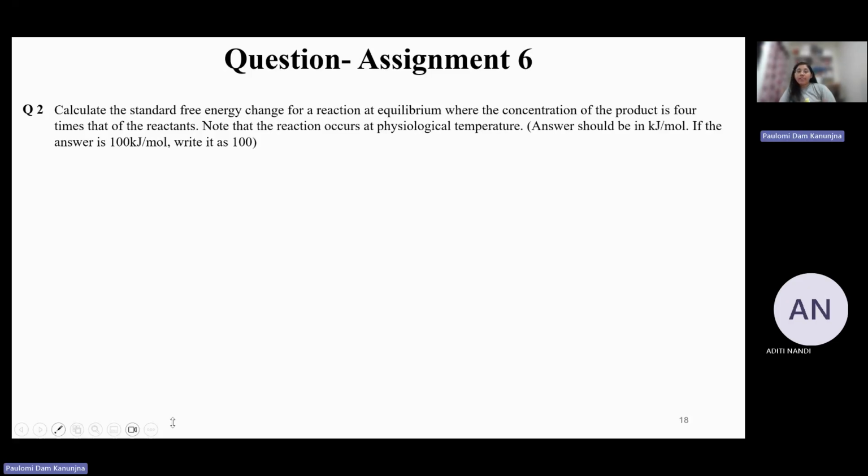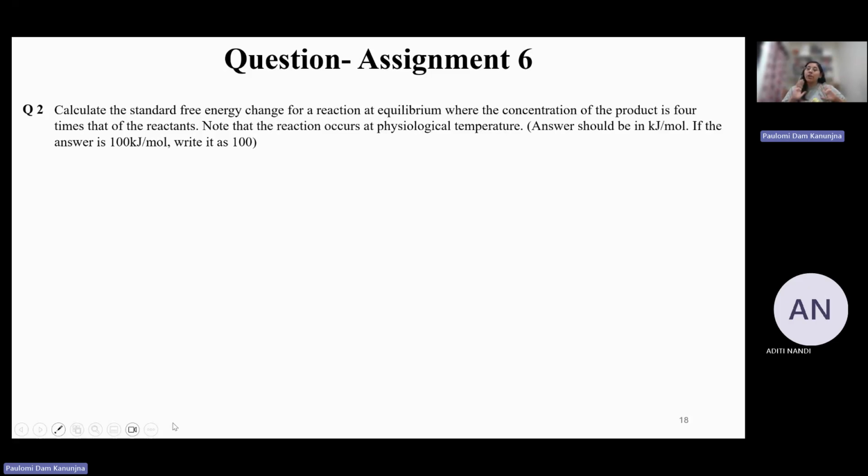Also, remember the questions will often tell you in what unit you should report. For example, here it says your answer should be in kilojoule per mole. We did this in the problem solving sessions also, where we converted the units.